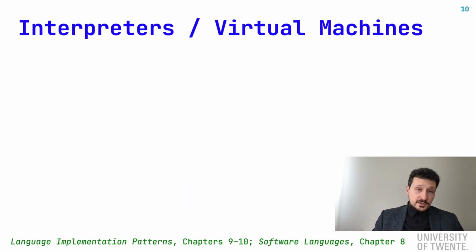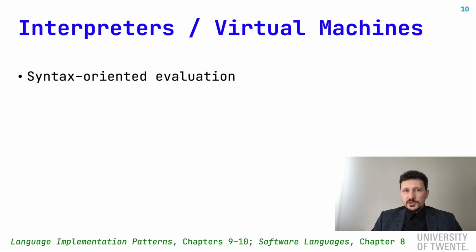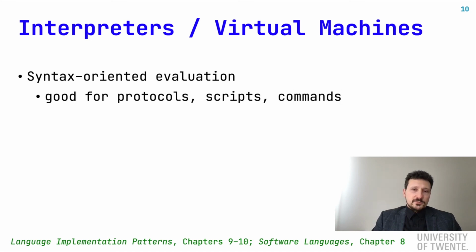The last set of patterns is about interpreters, or in a very broad sense, virtual machines. First of all, the most simple way to build a virtual machine or an interpreter for your language is to do syntax-oriented evaluation. So you have some syntax, and you know that, okay, first we do this, and then we immediately execute that. That sort of works for some languages more comfortably than for others.